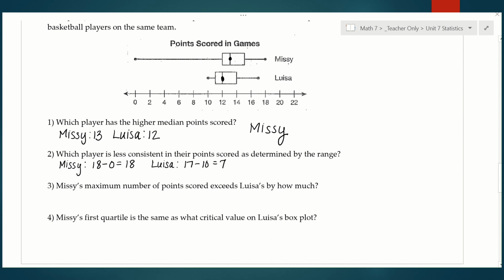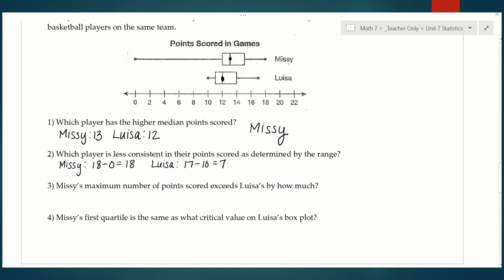So the question says, which player is less consistent? So I want you to think about this. Consistency depends on how spread out the numbers are. So the bigger the range, the less consistent the player. Okay? Because Missy's range is 18, that means that her points scored is very inconsistent.